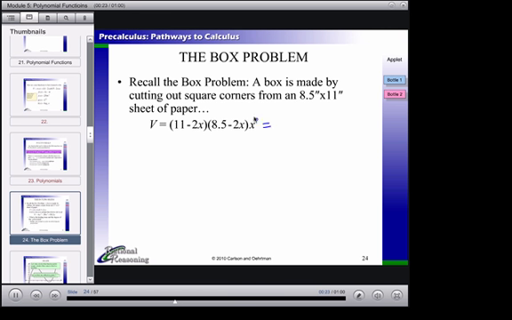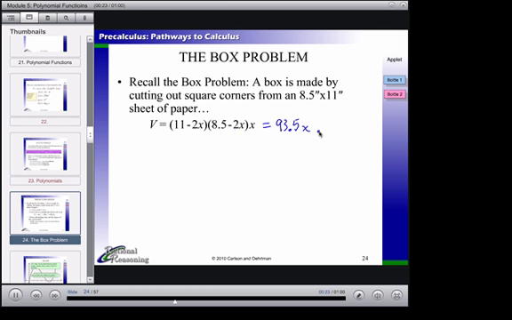So we can multiply this out. Okay? What is 11 times 8.5? 88 plus 5.5. 93.5? Check my work. 93.5 times x. And this will be 17 and 22.